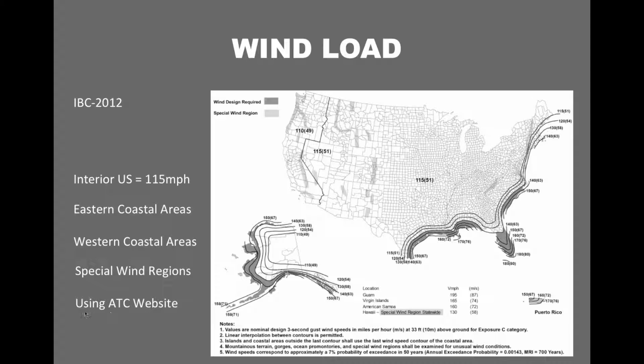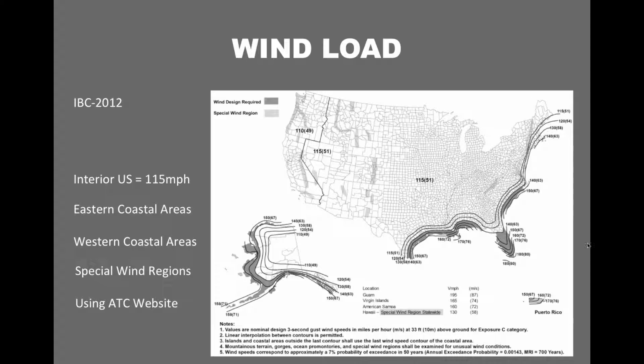There is also an actual website where you can plug in your address and it will give you your job site's actual required wind speed. That's something I'll show you later on in the course, in the getting your codes and loads section.